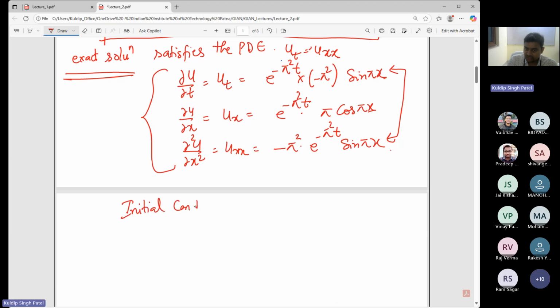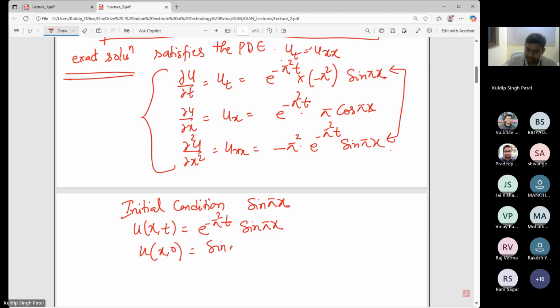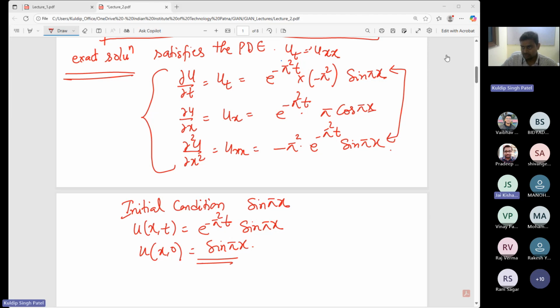That is sine pi x. And what is your exact solution? u(x,t) is e to the power minus pi square t into sine pi x. Now you simply put t equals 0. What will you get? Sine pi x. Fantastic. So till here it is okay, everyone.